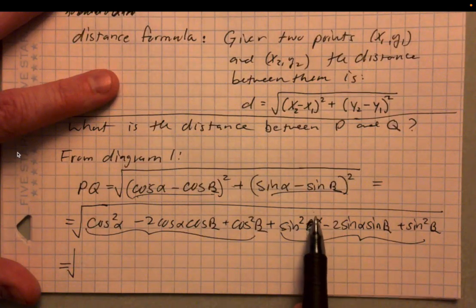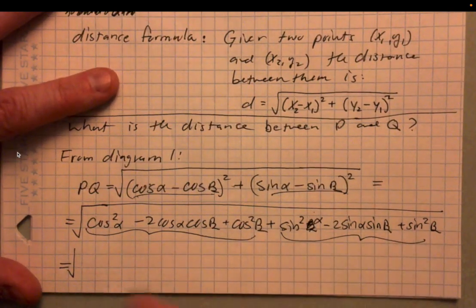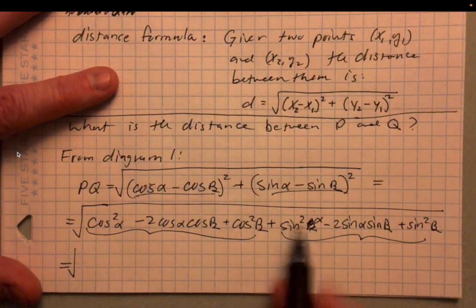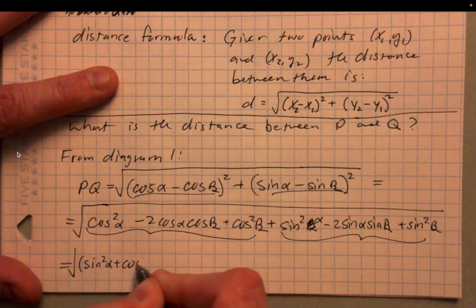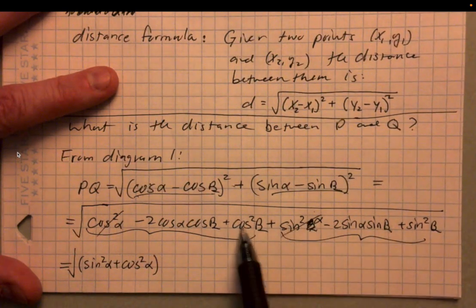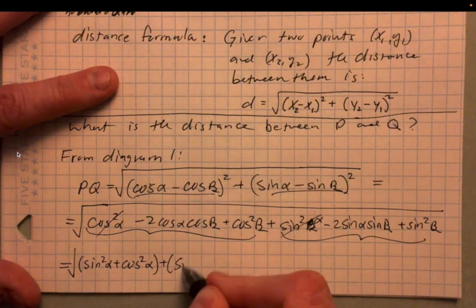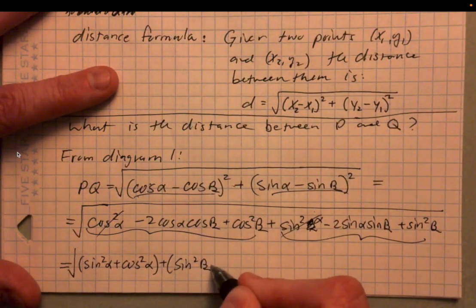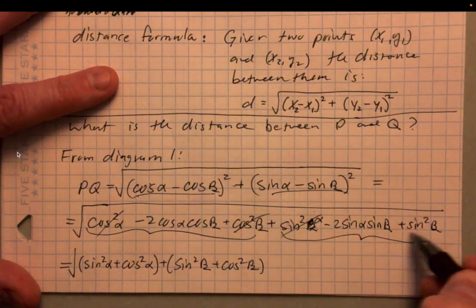Okay, I'm going to bring those two together, and then I'm going to do the same thing with the cosine and the sine of beta. So this one and this one first. So I'll write sine squared alpha plus cos squared alpha. That's that and that. And then I'm going to do the same thing with these two. So plus sine squared beta plus cos squared beta, and that's that one and that one.